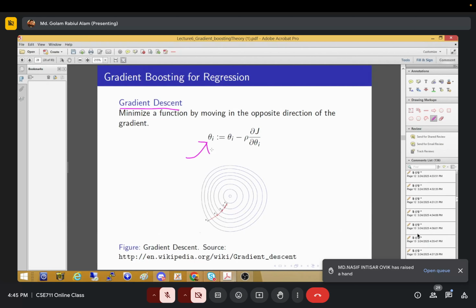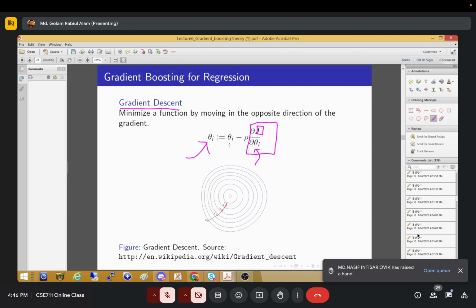If we want to find the optimal value of theta, then we have to take the derivative of the loss function. This J is the loss function, and its derivative with respect to theta is our gradient. So it will provide us the gradient, and then the weight will update based on the gradients.